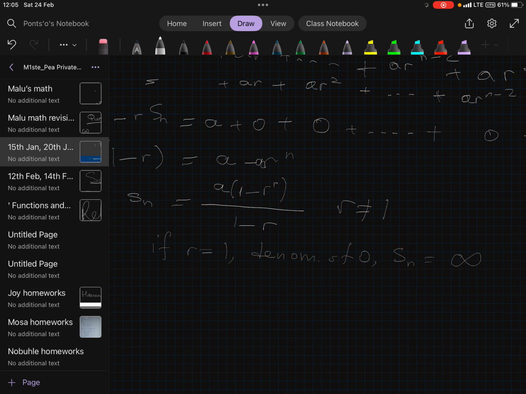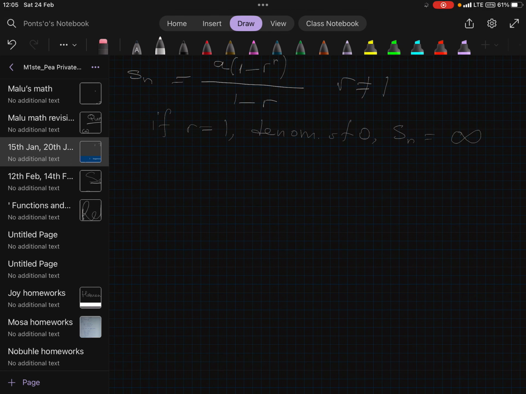Alternatively, instead of subtracting r times the sum to the nth term, we can subtract the sum to the nth term from r times the sum to the nth term, and that's just going to give us this.